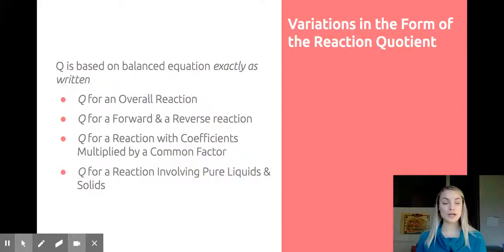Likewise for reactions multiplied by a common coefficient, or for reactions involving pure liquids and solids, because we're looking at the ratio of concentrations. All of these different variations and types of reactions are going to affect how we see our Q, what our ratio of products to reactants will be.